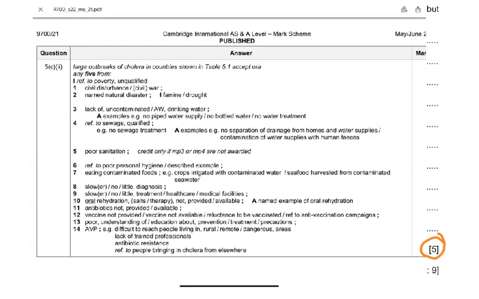So now looking at the wording that you would use: civil disturbance or war, which causes the infrastructure to be destroyed.